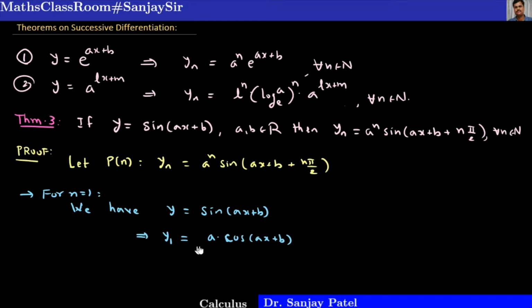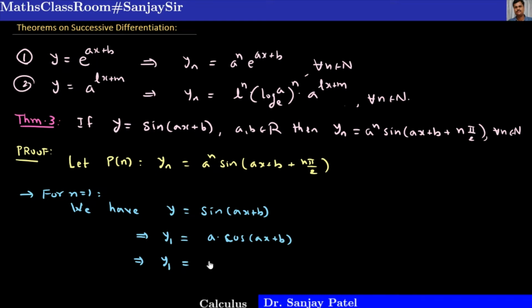Now we want to show that this y1 is in the required form. So we should convert this cos function into a sine function, and we have many trigonometric identities using which we can write cos in terms of sine. You know that cos theta is equal to sine of pi by 2 plus theta.